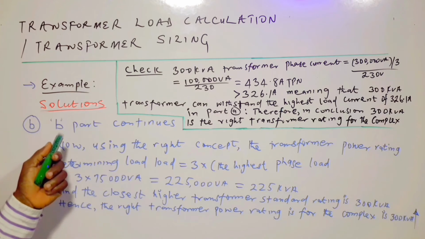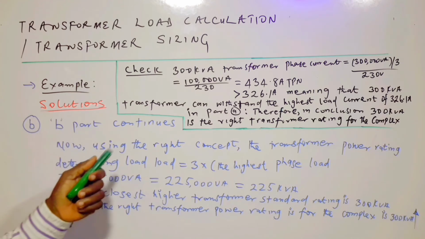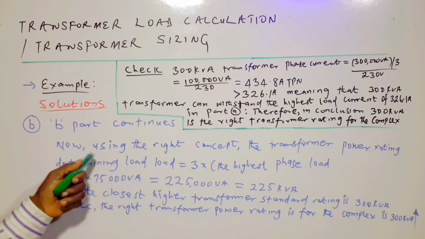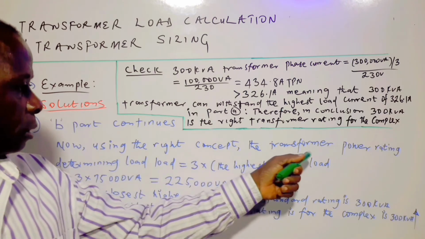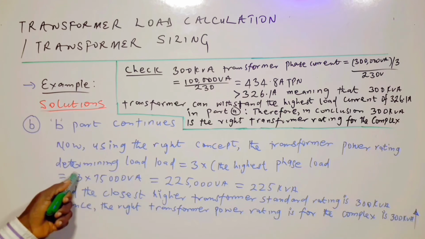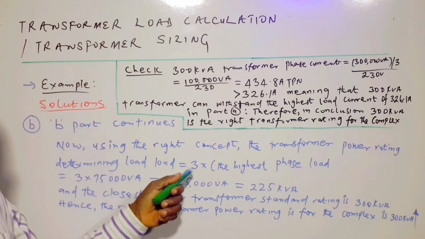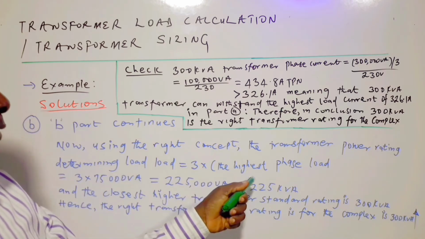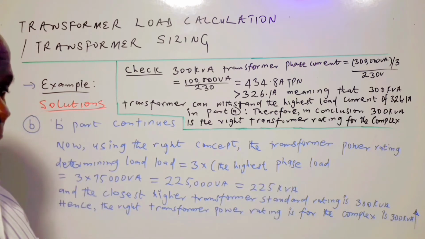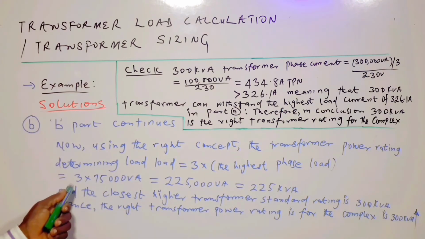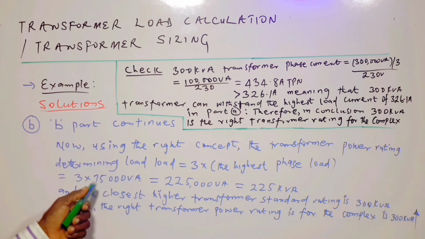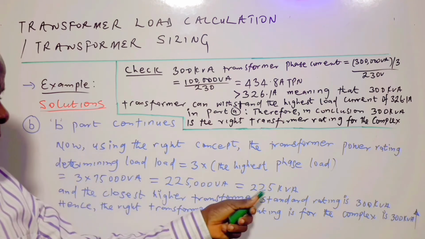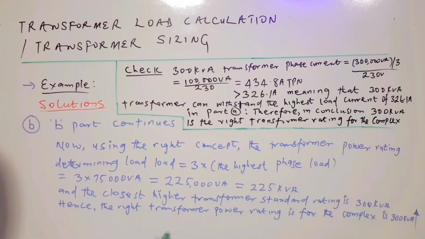Now, looking at the right concept, the transformer power rating determining load is equal to 3 times the highest phase load. It is equal to 3 times 75 kVA, which is 75,000 VA, and this is the result.